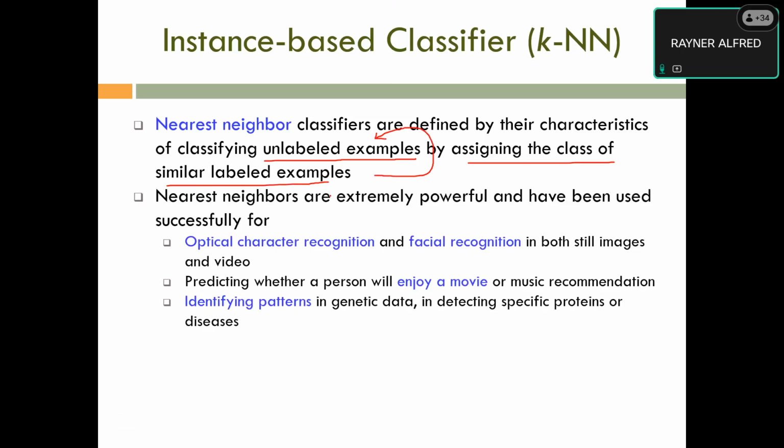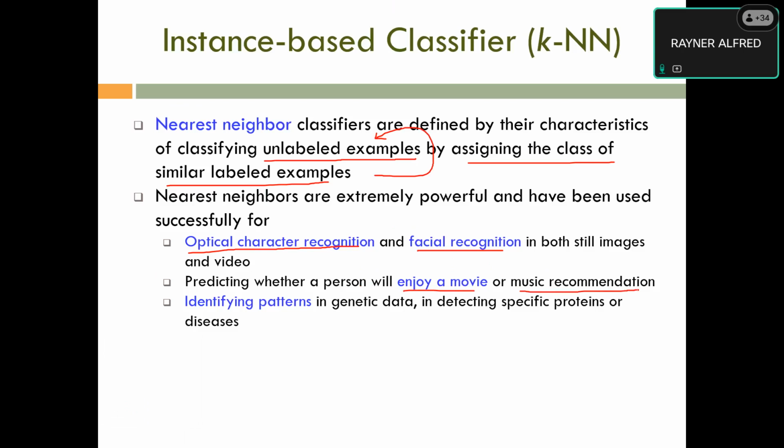The classifier is very powerful and has been used for classifying or recognizing symbols, for example in optical character recognition, facial recognition, or predicting whether a person will enjoy a movie or music recommendation, based on their previous watch list.